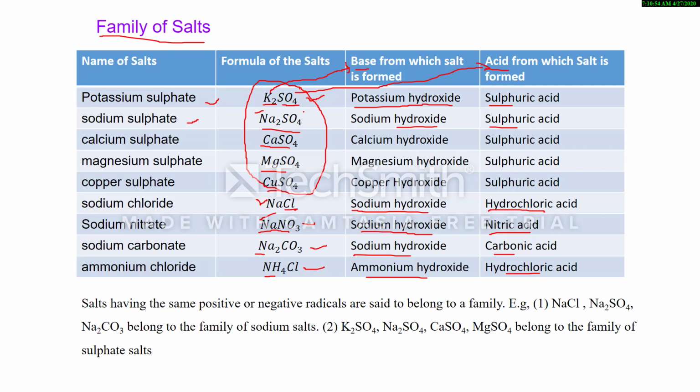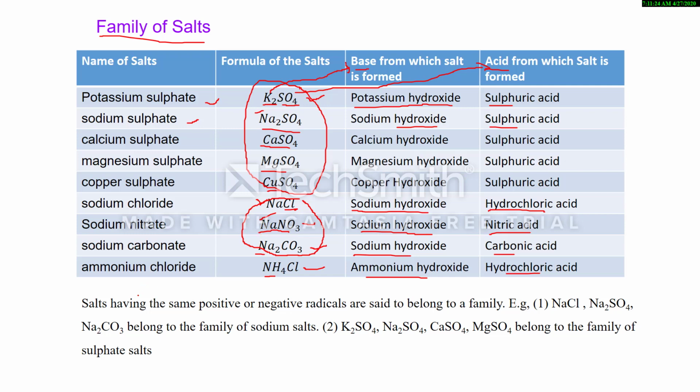K2SO4, Na2SO4, CaSO4, MgSO4, CuSO4, they belong to the family of sulfate salts. In the same way, if you observe these three, NaCl, NaNO3 and Na2CO3, which is common among them? You can say sodium is common. So we can say these salts belong to the sodium family of salts.